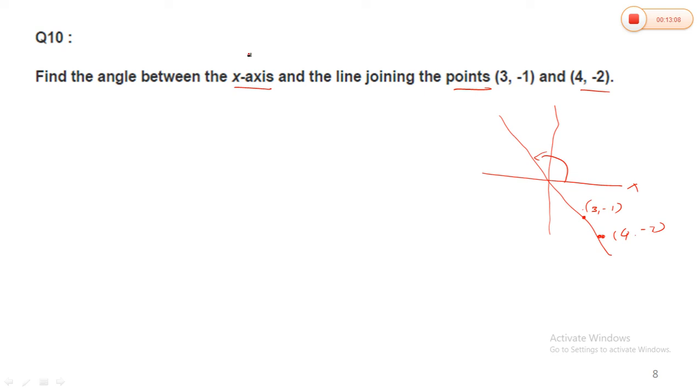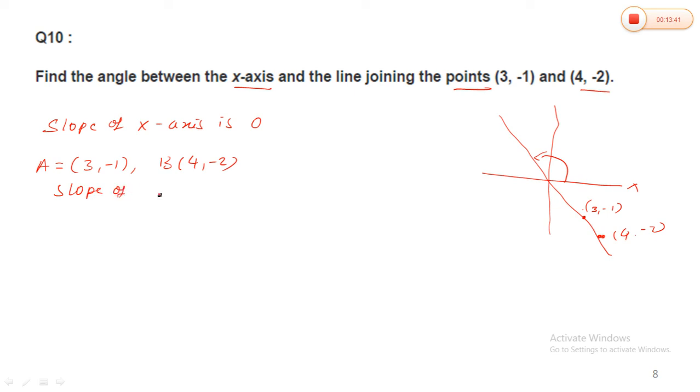Here the x-axis is given, so you need not worry about tan theta. Using the concept of slope, we have to find the slope of x-axis, which is 0. Let A equal to 3, minus 1, B equal to 4, minus 2.